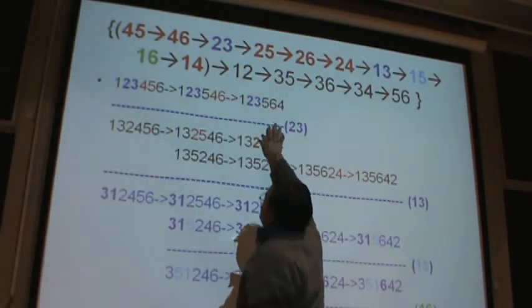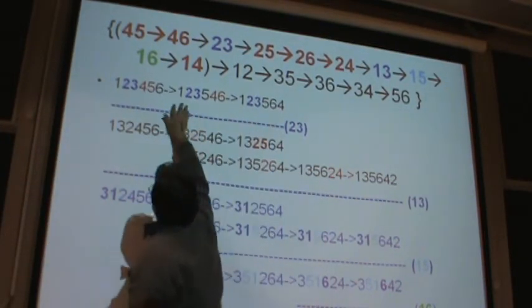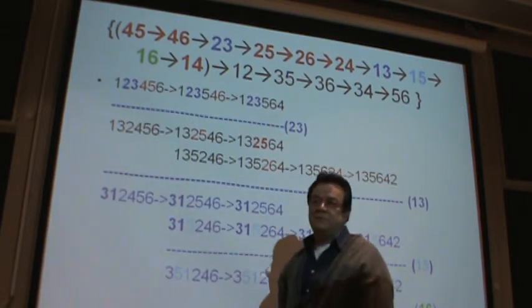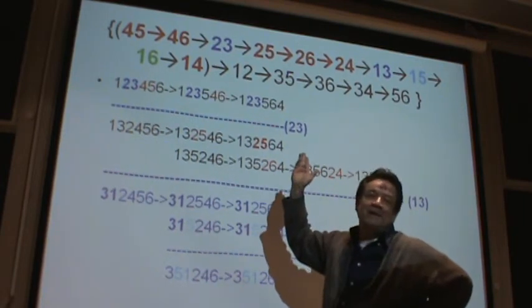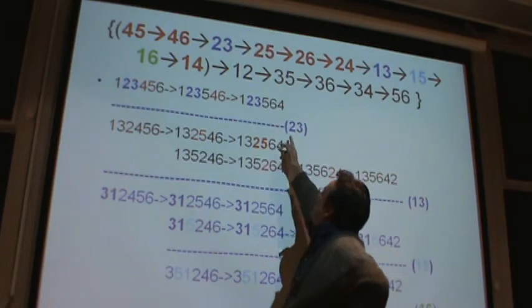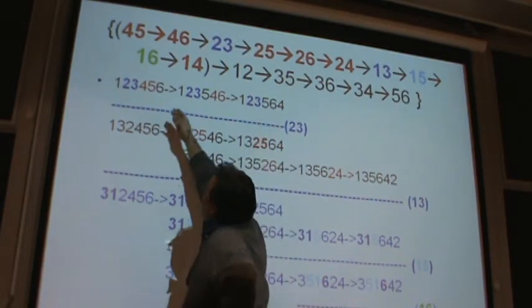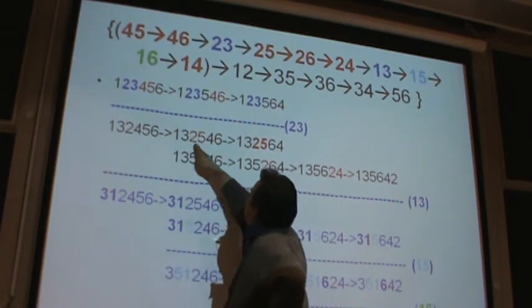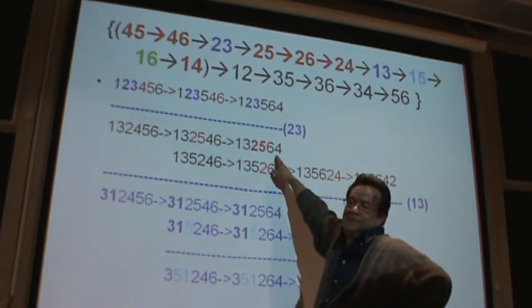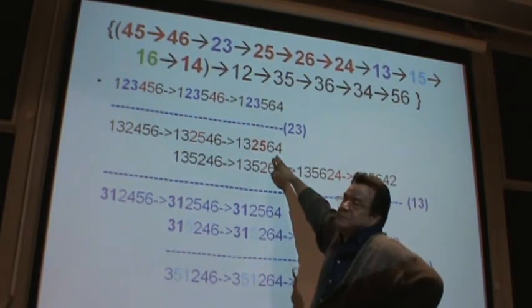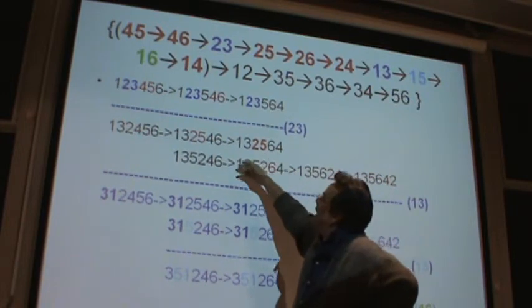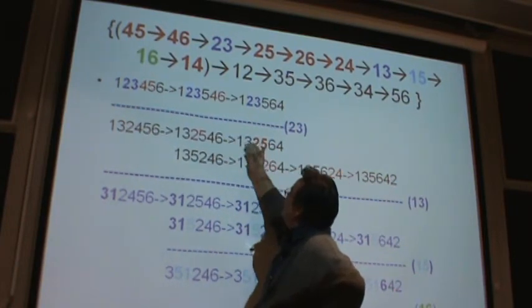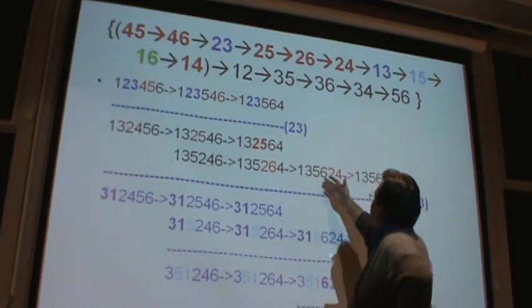And you start noticing this. Look at this. 2, 3, 2, 3, 2, 3. So 2, 3 is sort of fixed there. Now, if you take that, and now you flip 2, 3 here, 2, 3 here, 2, 3 here, you obtain this set. And if you flip here 2, 5, 2, 5, you obtain this set.